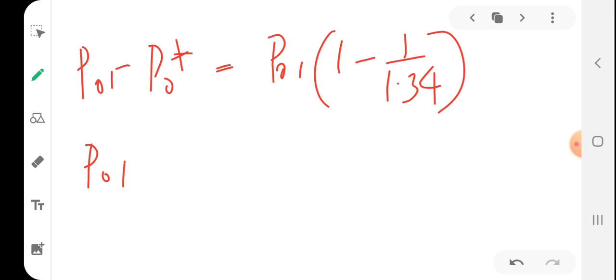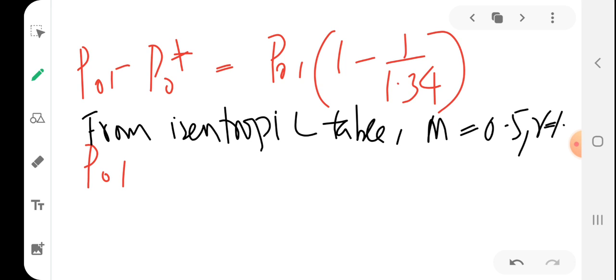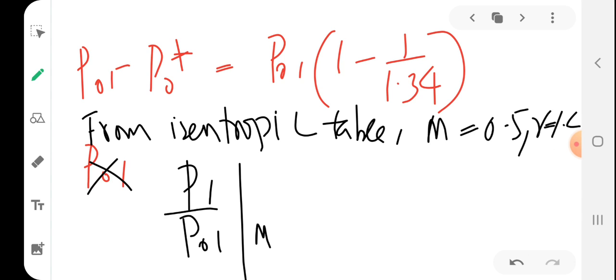From the isentropic table for M equal to 0.5 and gamma 1.4, we get P1 by P01 corresponding to M1 equal to 0.5 as 0.843.